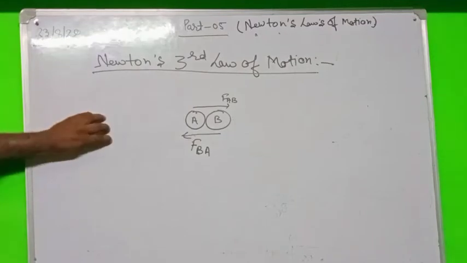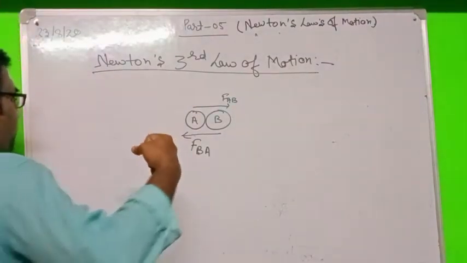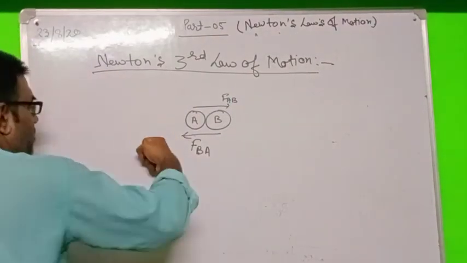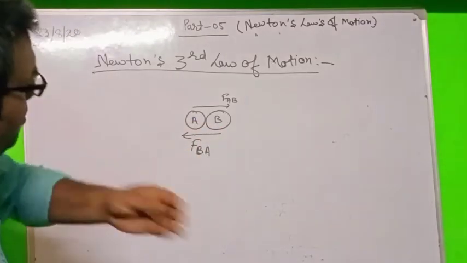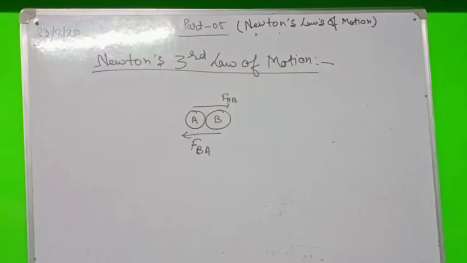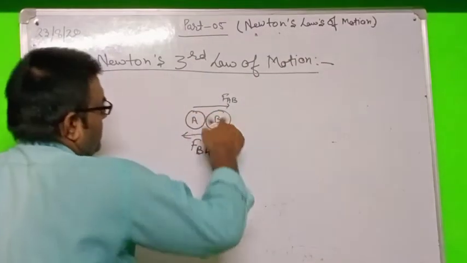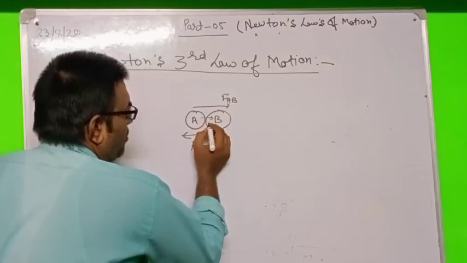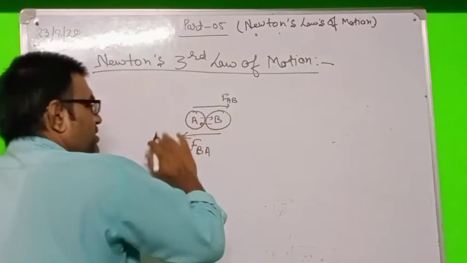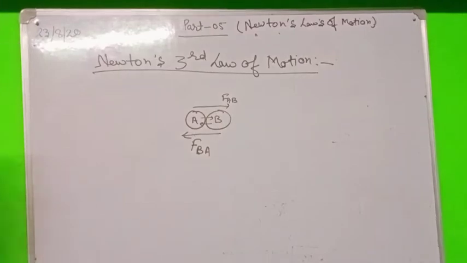Suppose this is the board and this is our hand. If I press this board with a force, then the board also gives the same amount of force on our hand. If A strikes B with force FAB, then B also gives a force FBA, which is equal and opposite to FAB.